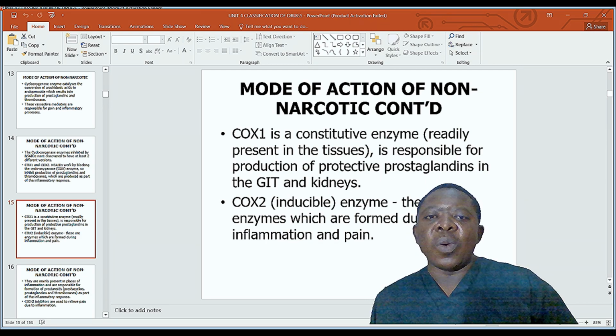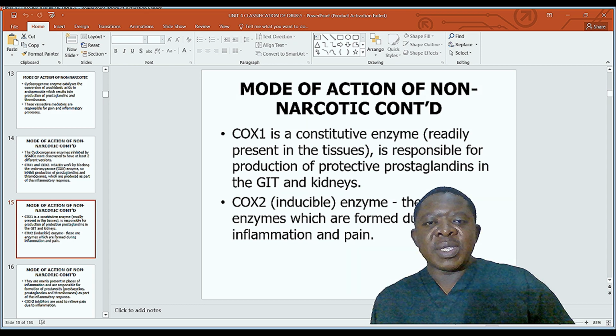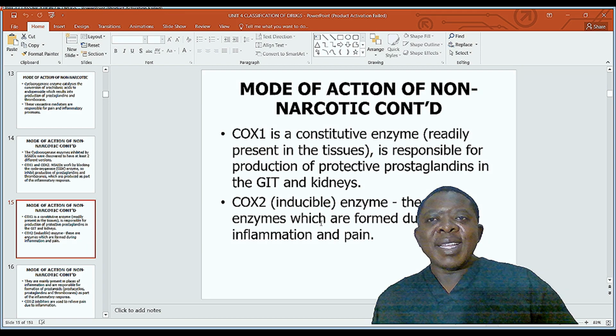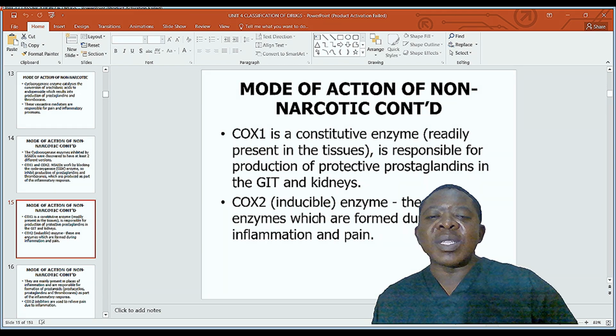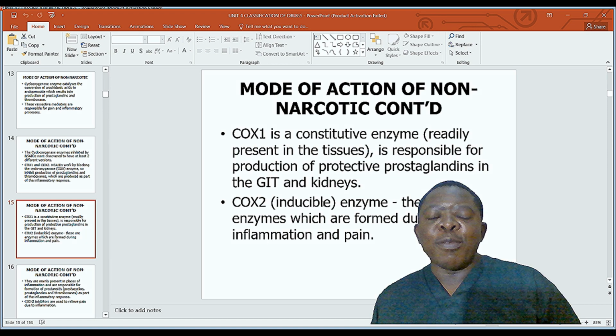But when COX-2 is produced, it is because there has been an assault to the tissue. It is inducible. So COX-2 enzyme is inducible, it appears after an assault to a tissue.